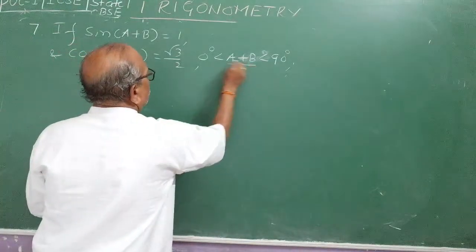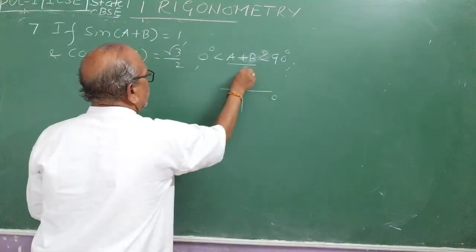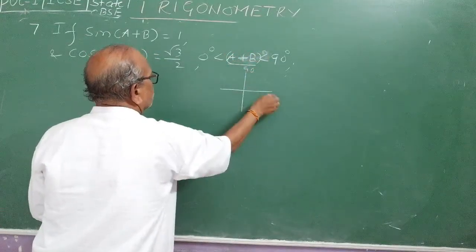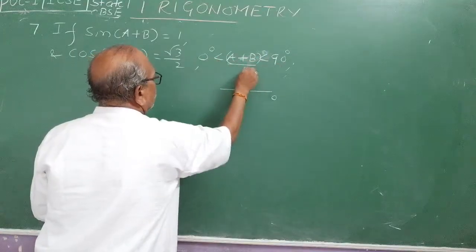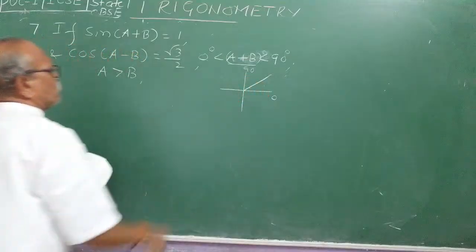It means the sum A plus B lies in the first quadrant. What is the meaning of this? 0 to 90 degree means the angle is an acute angle in the first quadrant.